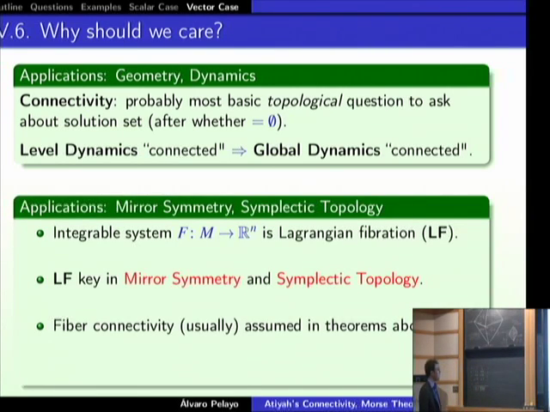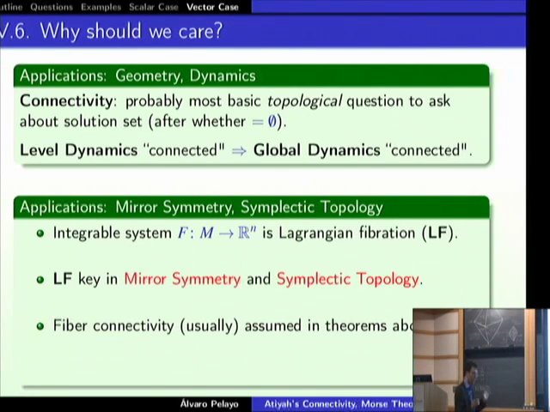And now, more applications. These integrable systems are one of the most fundamental examples of Lagrangian fibrations. They give rise to singular Lagrangian fibrations, fibrations in which the fibers have singularities, like, for example, this pinch torus that I showed you before. And Lagrangian fibrations appear in many contexts, for example, in mirror symmetry and symplectic topology. Most of the results usually assume that you start with a singular Lagrangian fibration whose fibers are already connected.